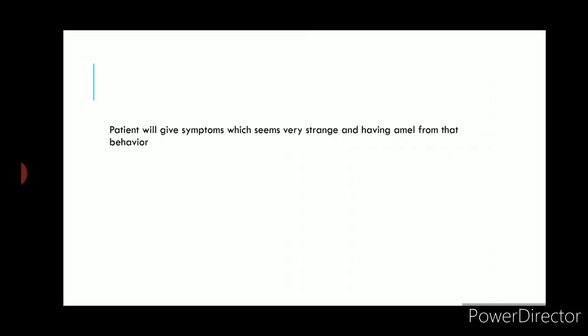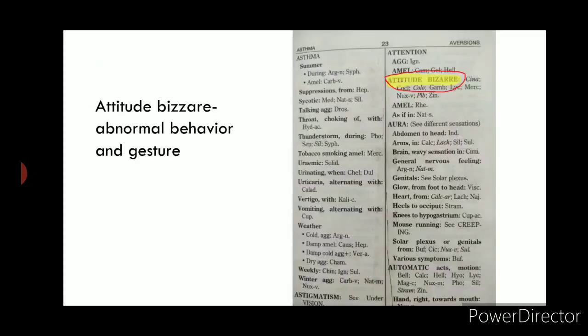Then if the patient gives some symptoms that seem very strange, and also has amelioration from a particular position or posture or behavior, there is one rubric given in this repertory, attitude bizarre, and which ameliorates. You can see over here a sub rubric, bizarre attitude ameliorates.